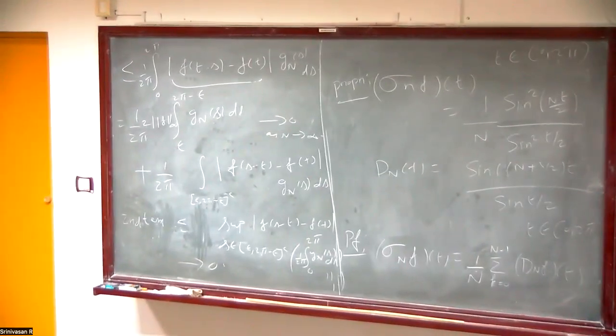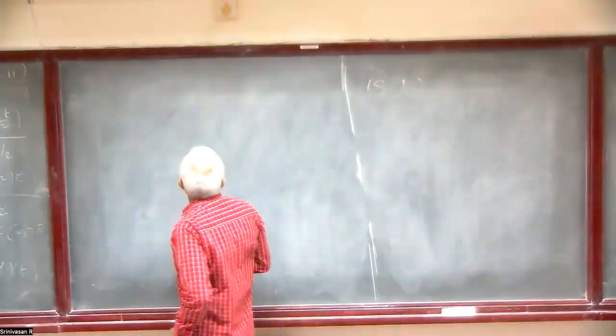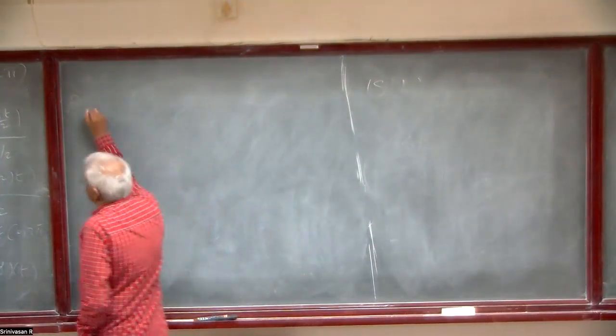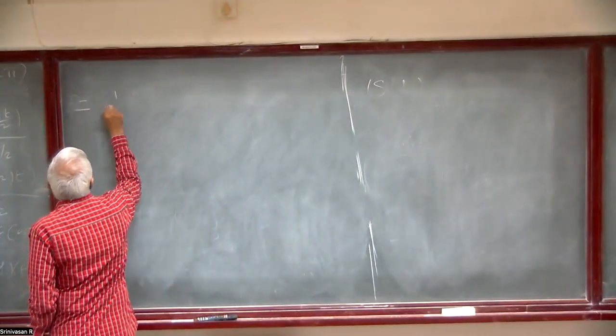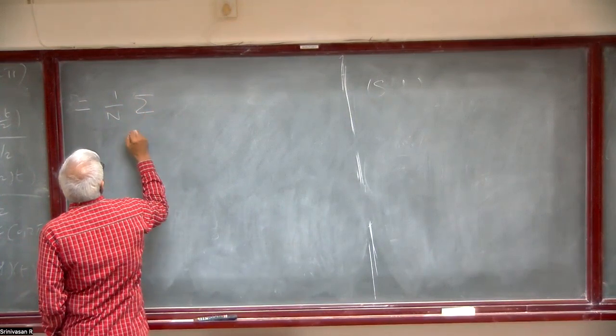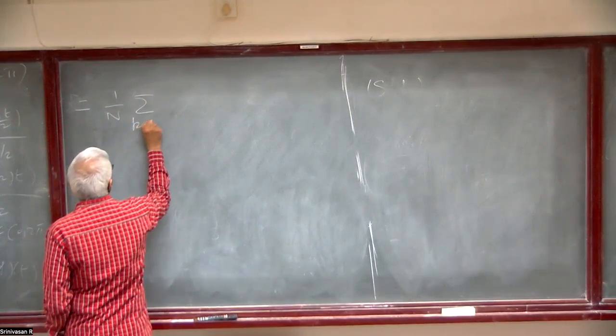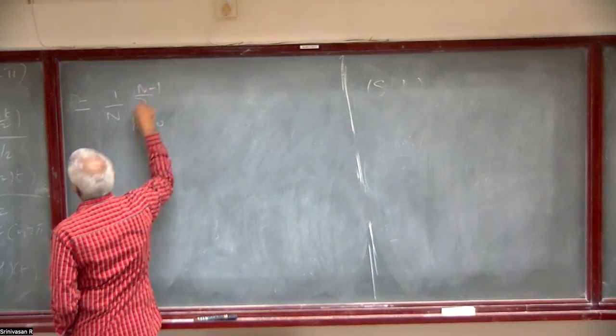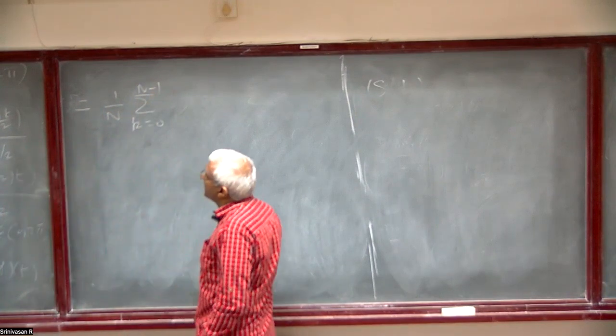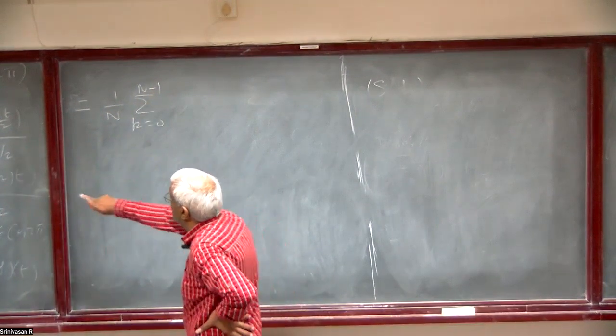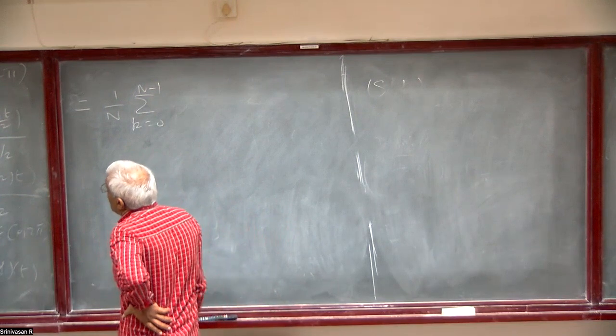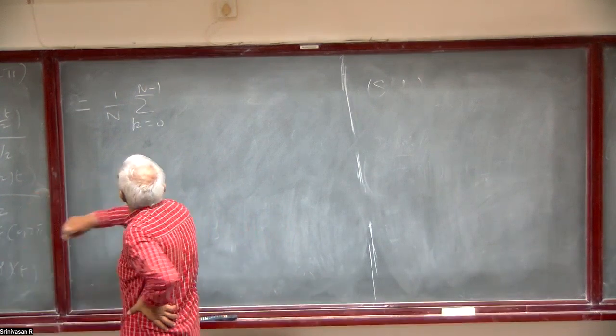So that is equal to 1 by n summation k equal to 0 to n minus 1 of this term, and this is just the imaginary part of.